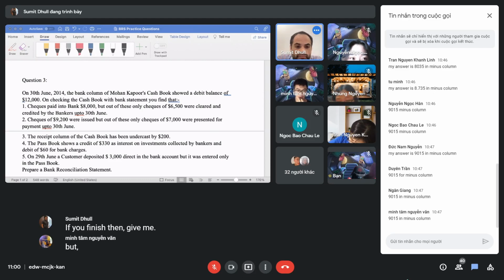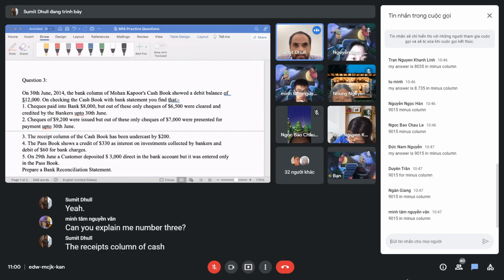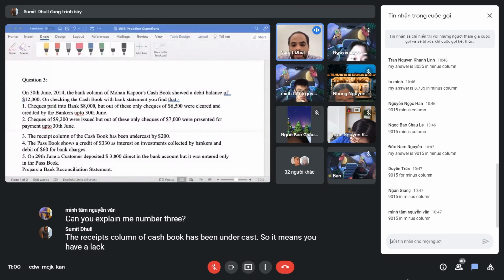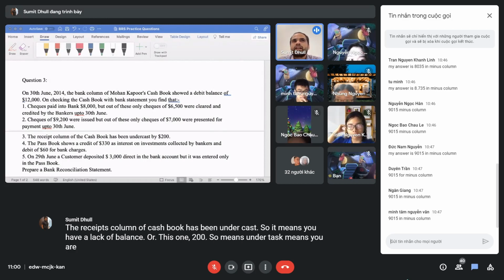Can you explain number 3? The receipts column of the cash book has been undercast. So it means you have a lack of balance of 200. Undercast means you are missing this $200 in your cash book.